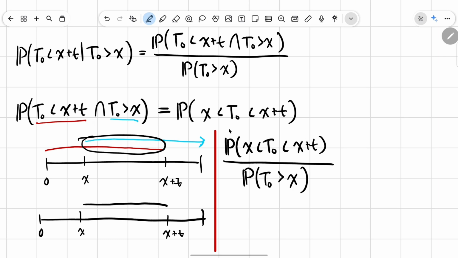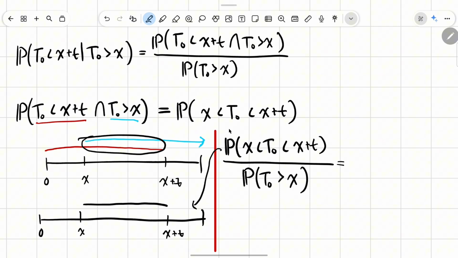Okay? But then again, how can we write this? We know that the numerator has a timetable of this structure.